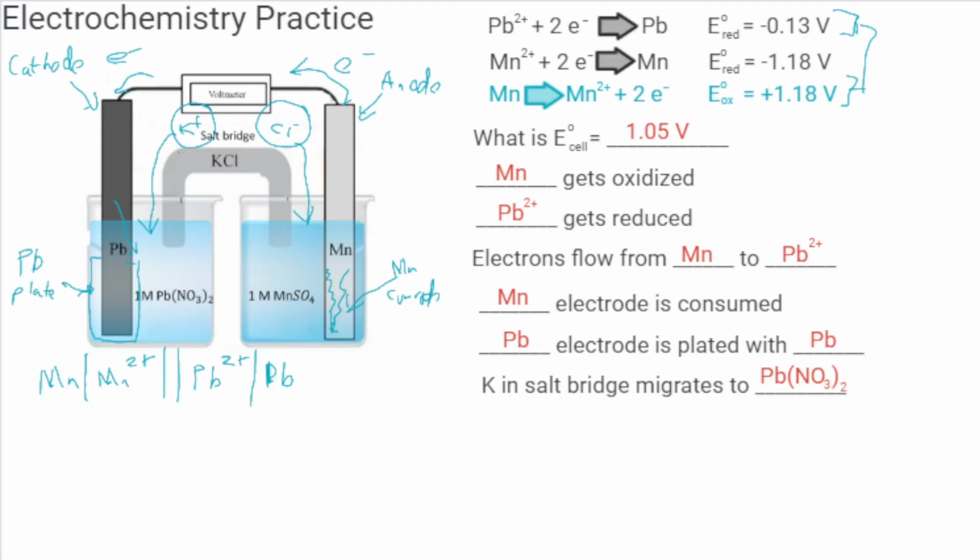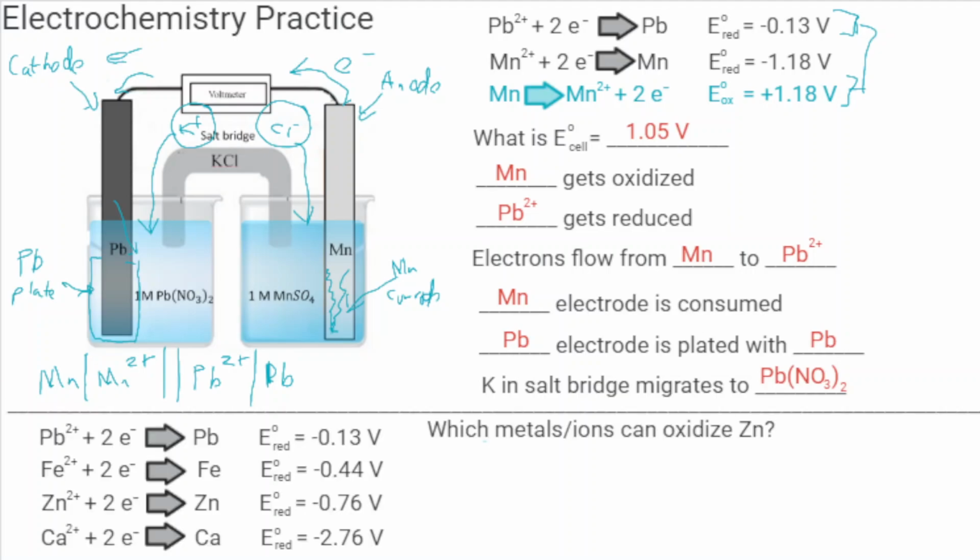All right, so let's go ahead and look at another question here. Given the following reactions, which metals can oxidize zinc? So we need to figure out what we mean by oxidizing zinc. We're given a half reaction here with zinc, but this is a reduction half reaction.